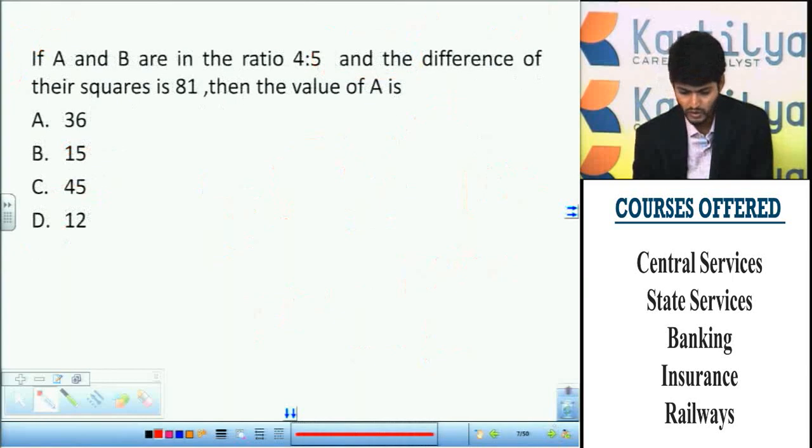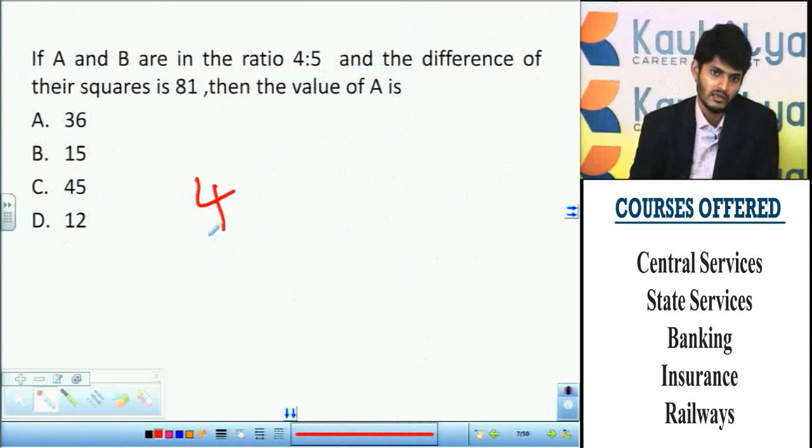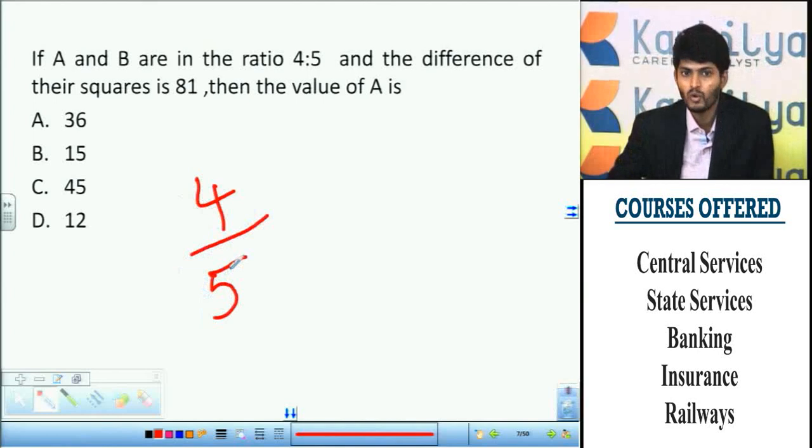Okay, let's move on to our next problem. Now coming to your ratio calculations, whenever I am speaking about a ratio, there are two terms in any ratio, in this case the ratio 4:5. A ratio is a relationship between two numbers, right? If I get 4 chocolates, you will get 5 chocolates, but it does not mean I got 4 and you got 5.